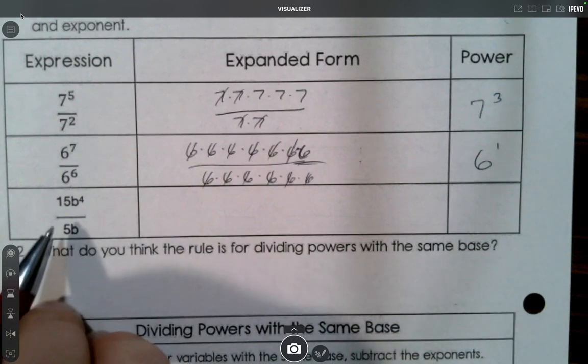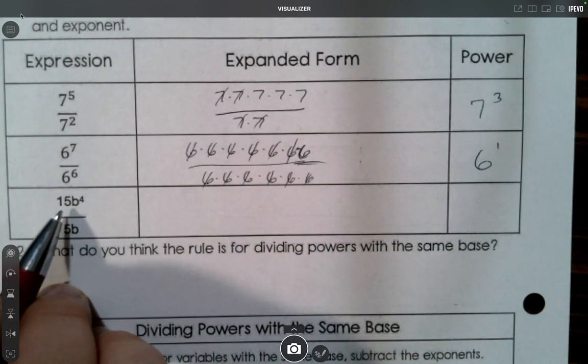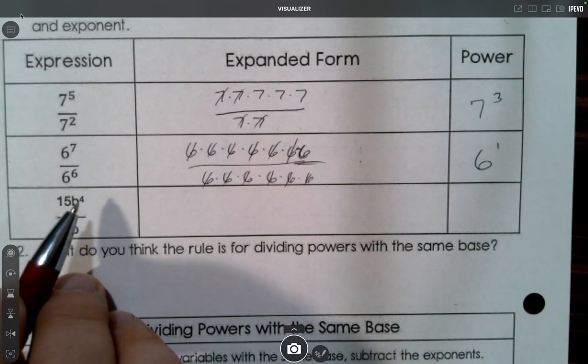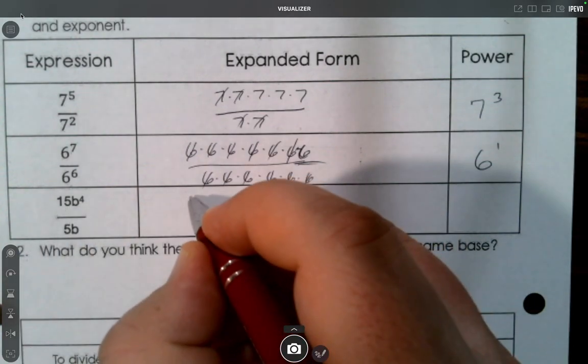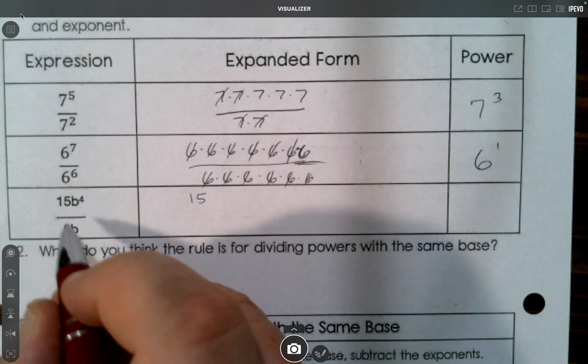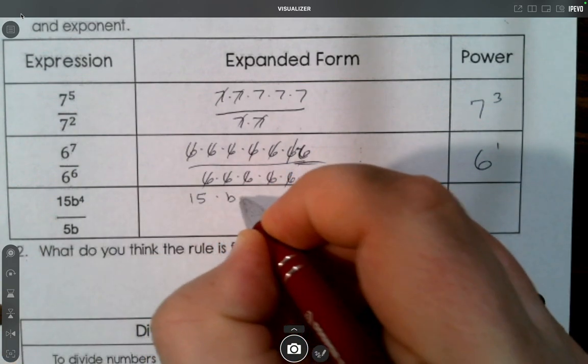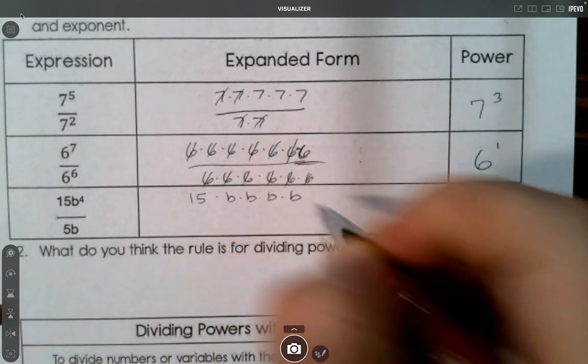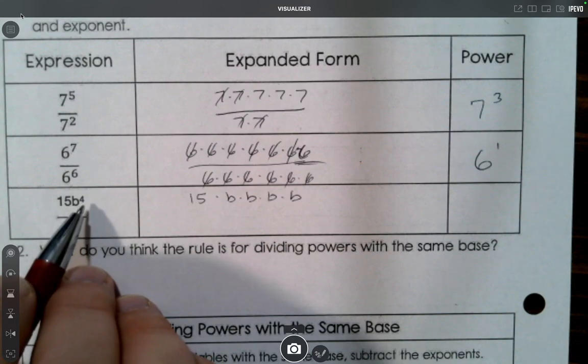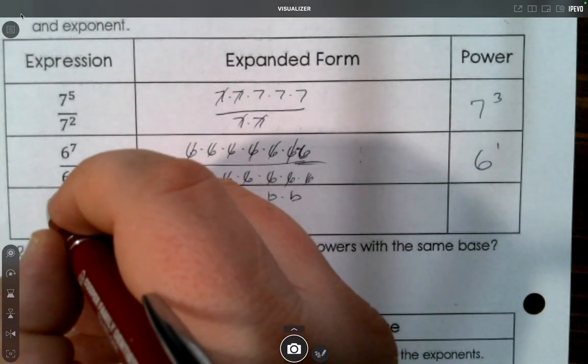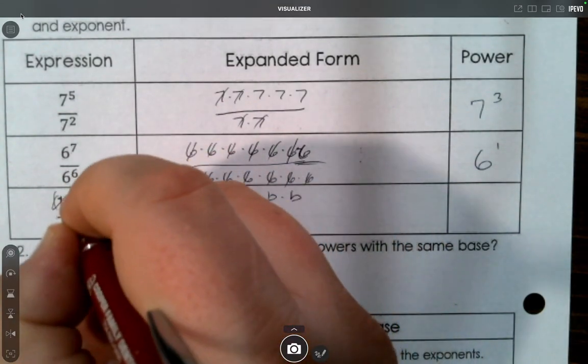Now, here again, I'm trying to make sure you see that when we have coefficients, that's not going to work the same way as when we have exponents with bases. So I'm just going to write 15 first. Then b to the 4th means b times b times b times b, because that 4th power does not apply to the 15. They'd have to put parentheses around it like this, but that's not what they did.